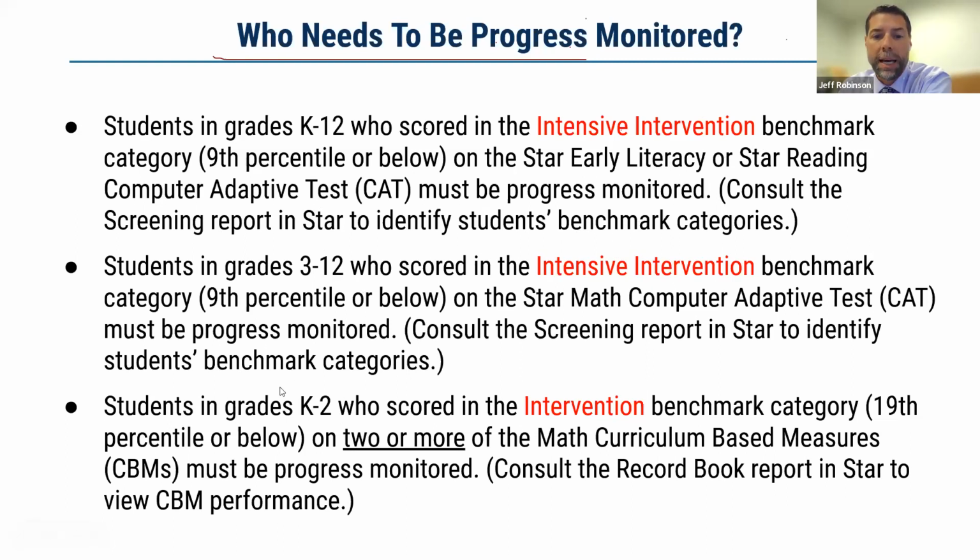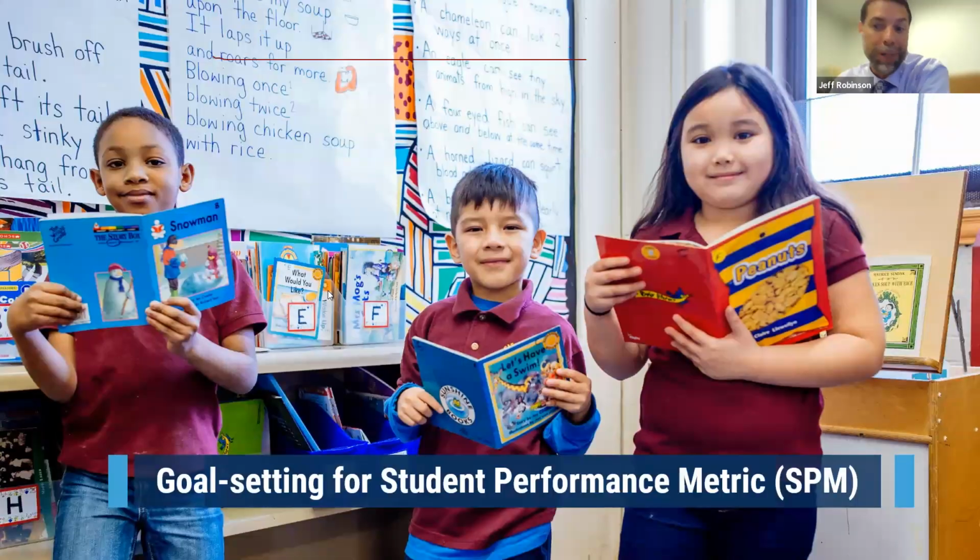And students in K-2 who scored an intervention on 2 or more of the math CBMs would be progress monitored. So you have reading guidance here and math guidance on these second and third bullets. Again, I went through that quickly because this should all be review. But since you should be thinking about shifting to progress monitoring right now, I wanted to just highlight for you again where you can find that guidance.